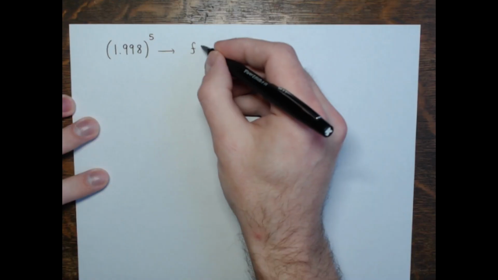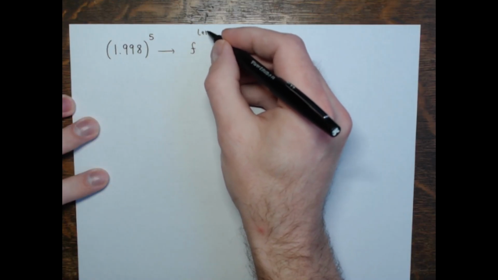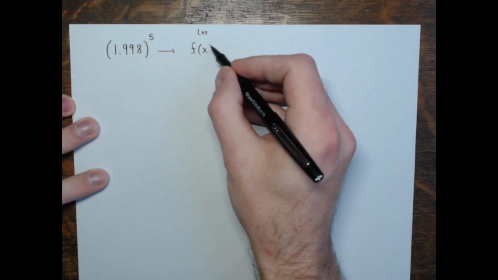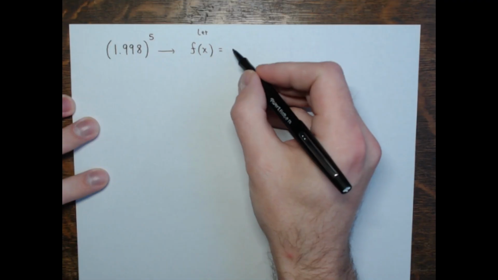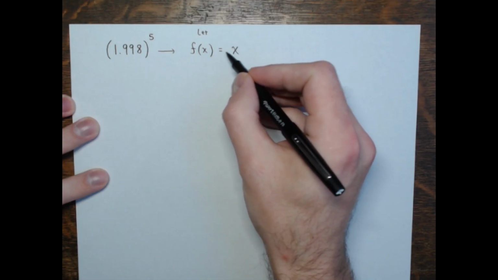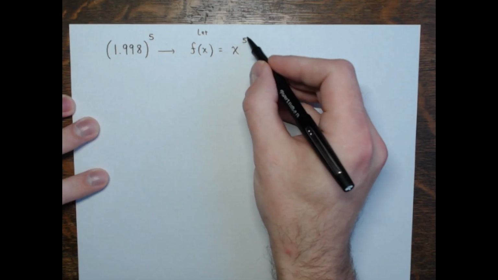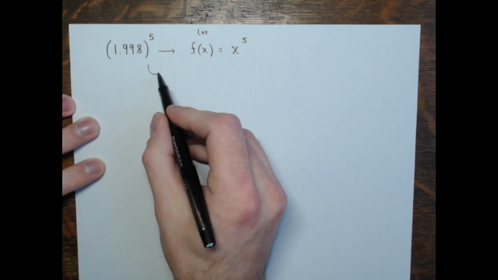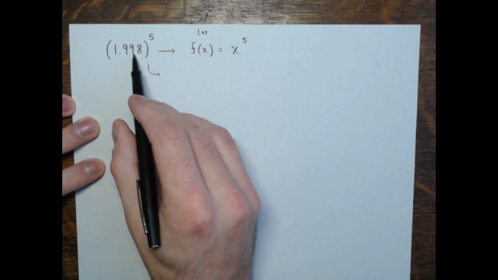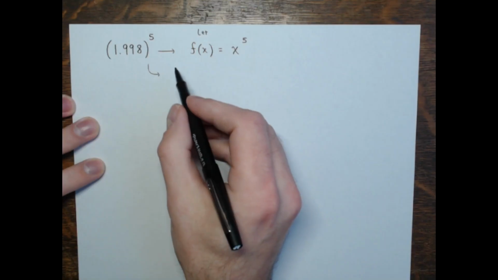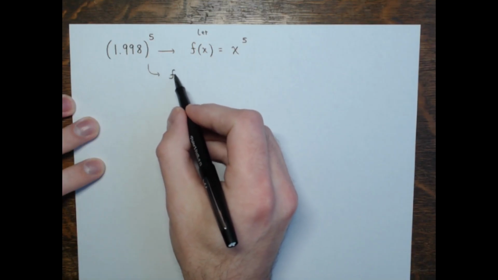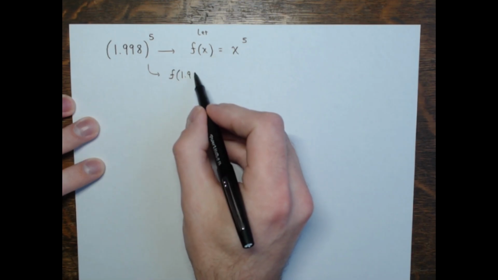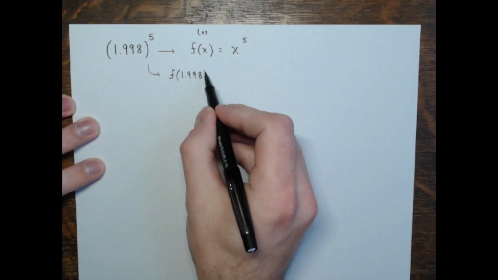So I'm going to have f of x, my original function, be some number x to the 5th power. And then this value here, 1.998 to the 5th, would be f of 1.998.